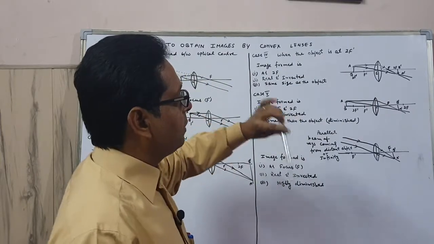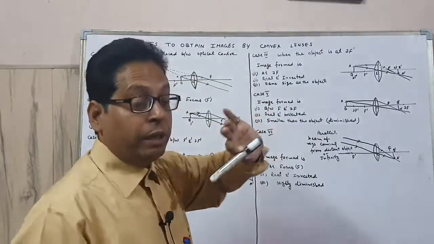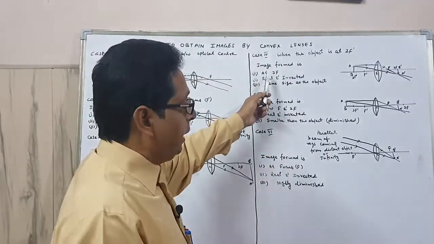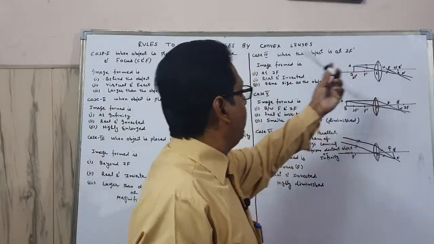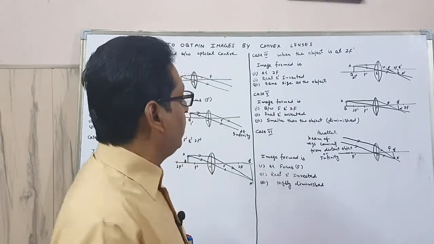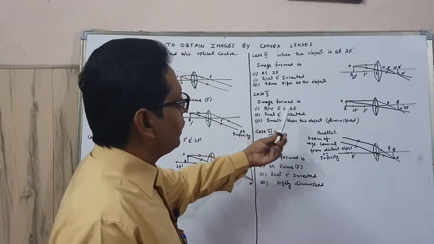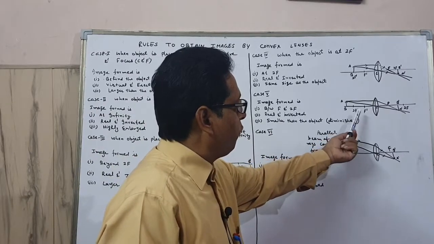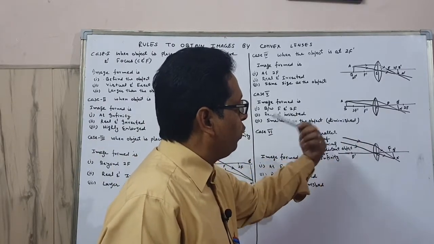So the image is real and inverted, and it will be formed at 2F, and it is of the same size, right?